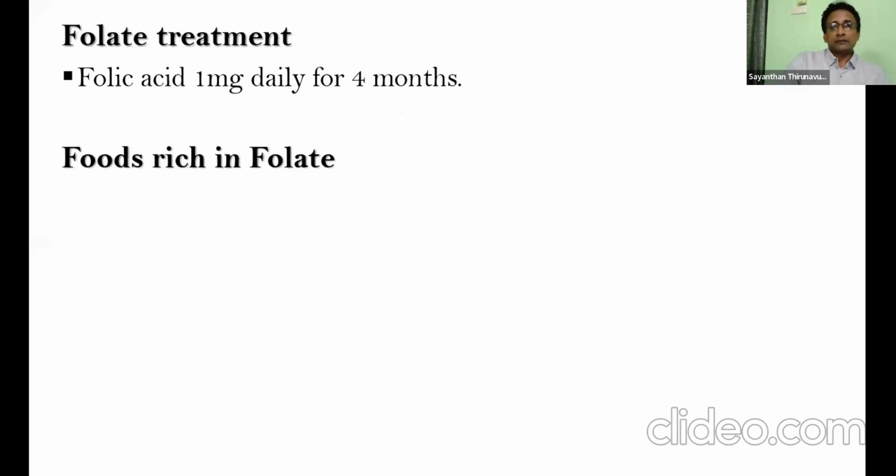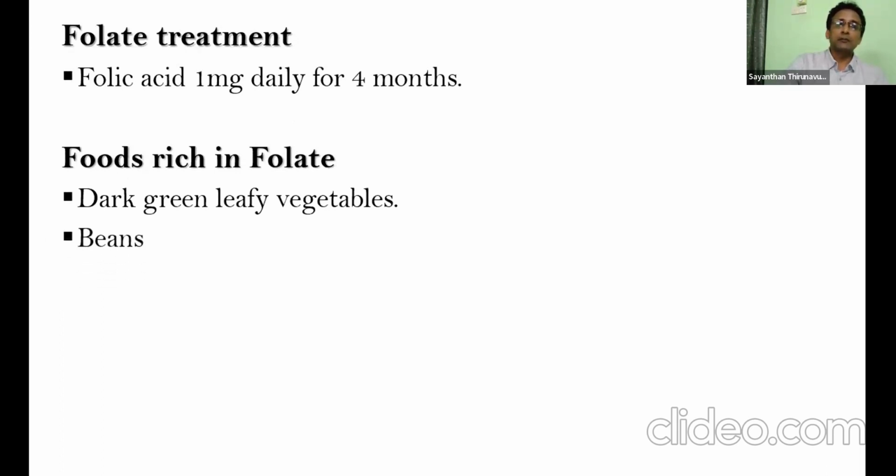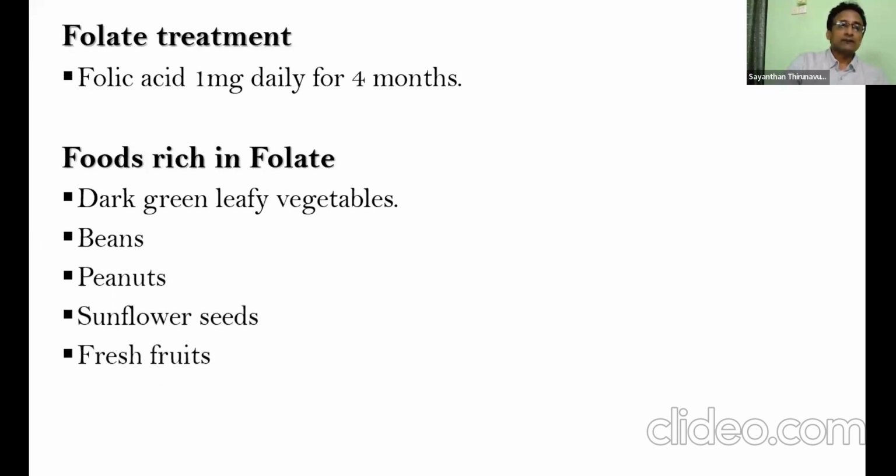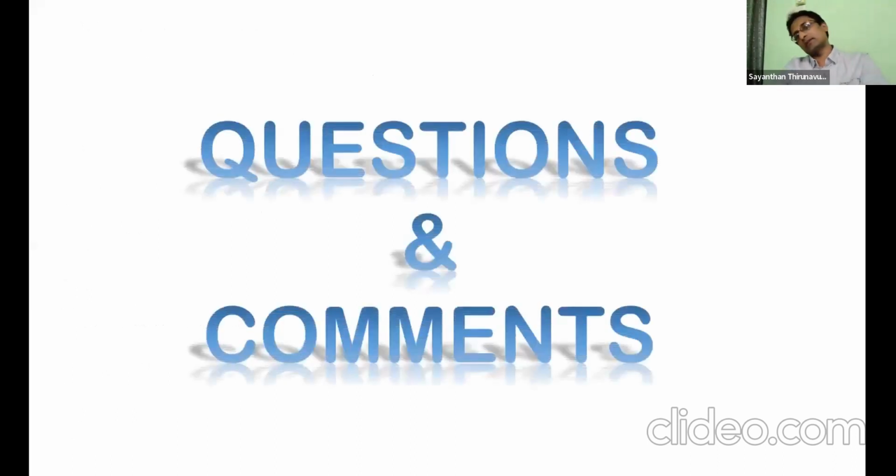There are some foods which are folate rich: dark green leafy vegetables, beans, peanuts, sunflower seeds, fresh fruits, whole grains, and liver. So that's the end of this presentation. I would welcome questions, comments, and any advice.